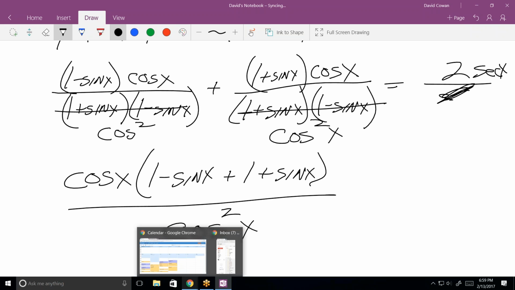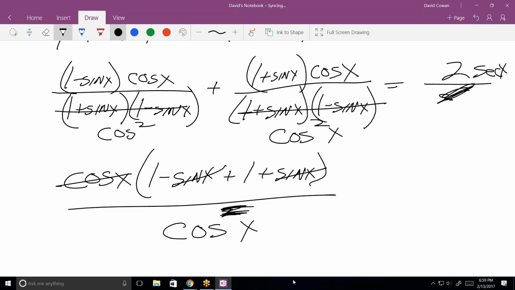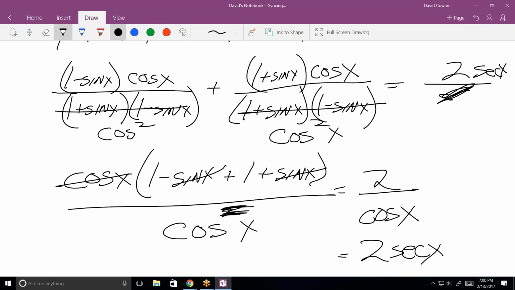Now notice that cancels with the squared. This sine x cancels with that sine x, and I'm left with 2 over cosine x. What's 2 over cosine x equal to? 2 secant x. Yeah. Okay. And that's how. Man. That's crazy.